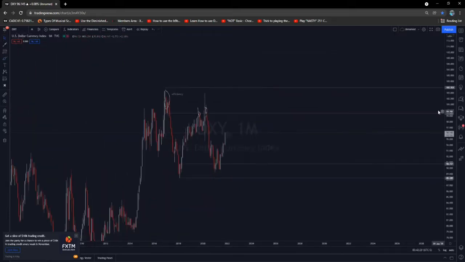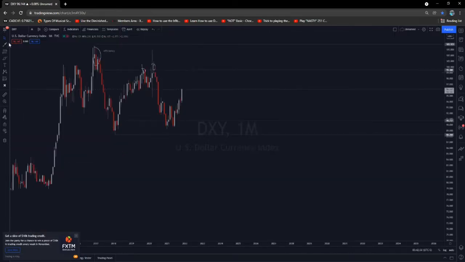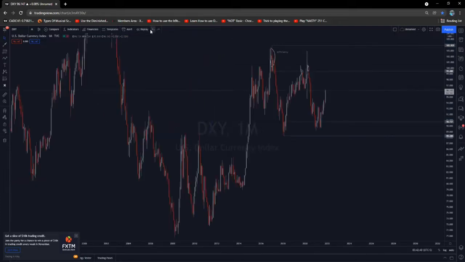Another thing that could happen is the market could go down again to take out some liquidity before moving up. But we know that in the long run, this thing is going up, right? So my sentiment on the dollar index over a prolonged period is bullish.